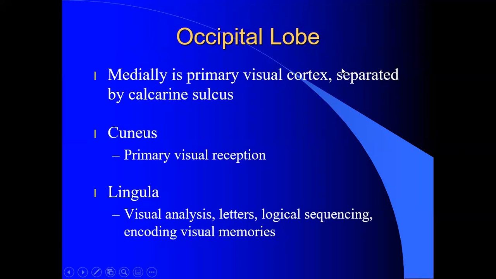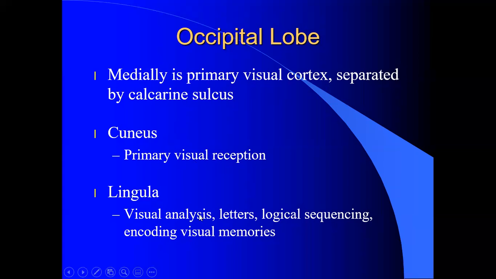And the occipital lobe is surface anatomy. This is your, of course, primary visual cortex. You have the cuneus, which is, again, that's the receptive area, and the lingula that I want to show you. Lingula is where you have more complex visual analysis.